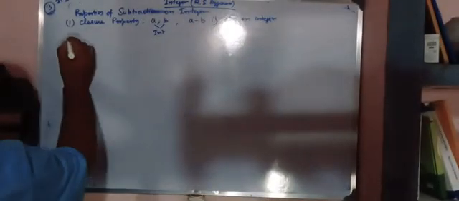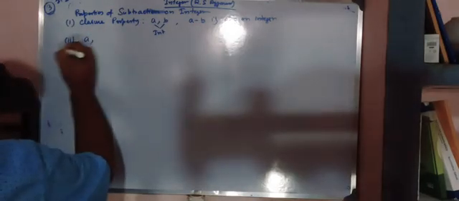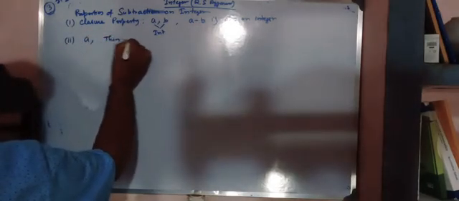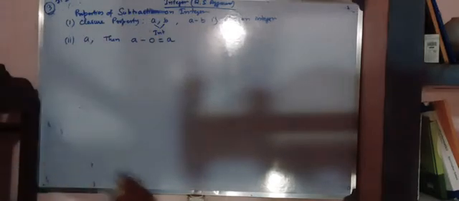Next, come to another property. If a is any integer, then a minus 0 is equal to a.